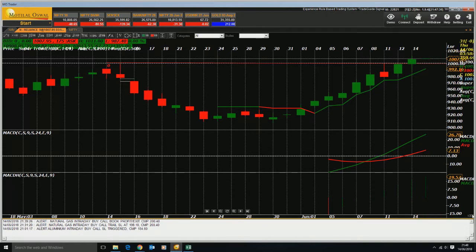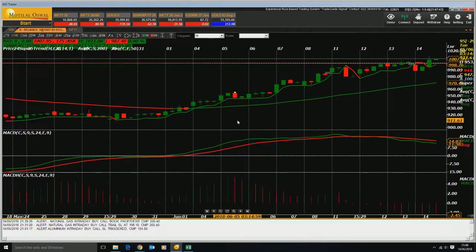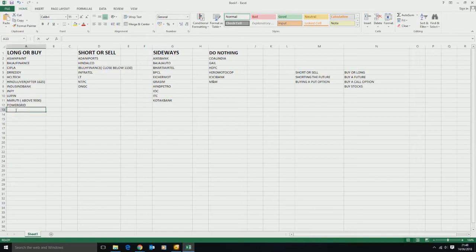And if I go onto 120 minutes, it's a fresh long entry in Reliance. So I would go long in Reliance if it stays above 1010 actually. If it goes above 1010, then I'll become long, of course, with my strict stop loss in Reliance.